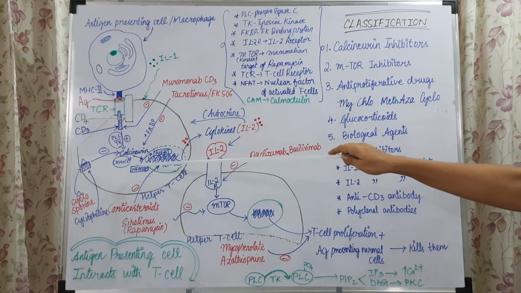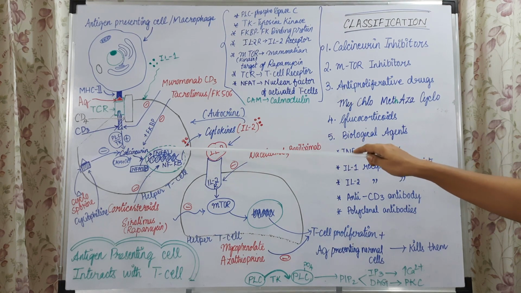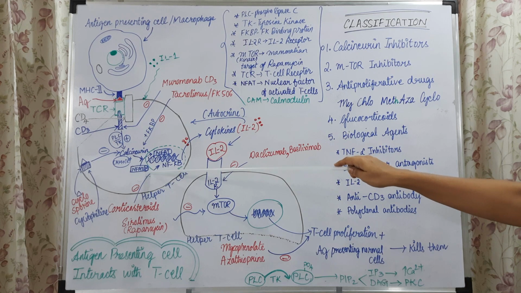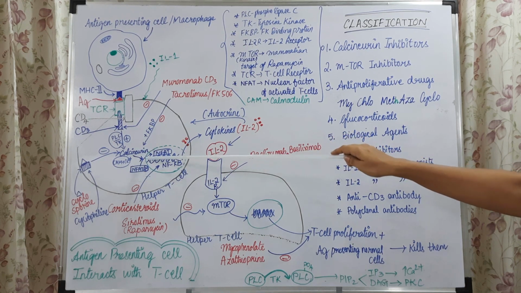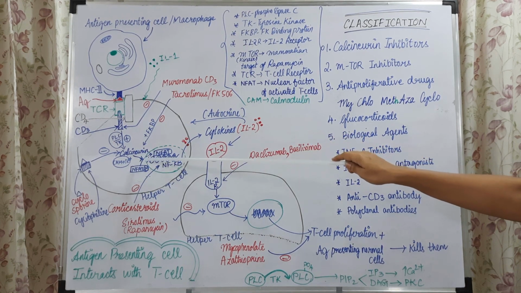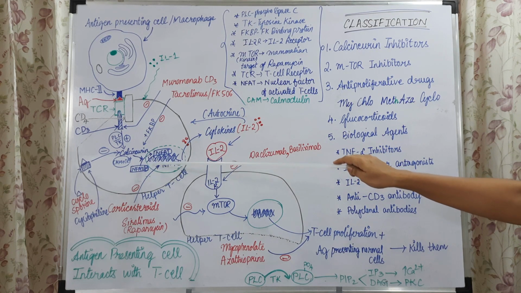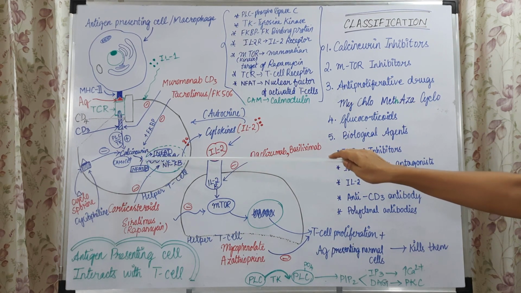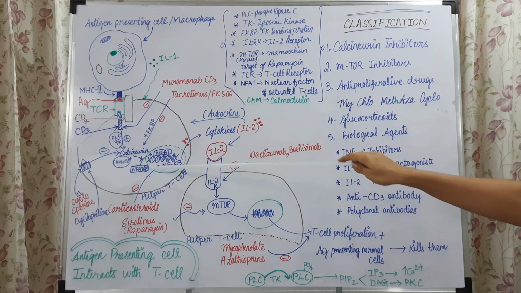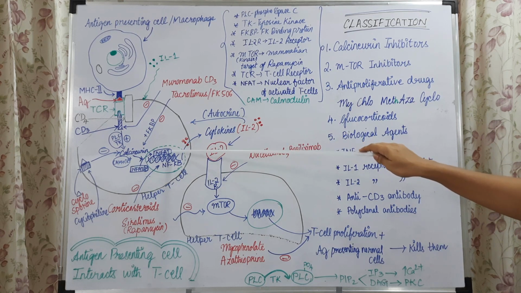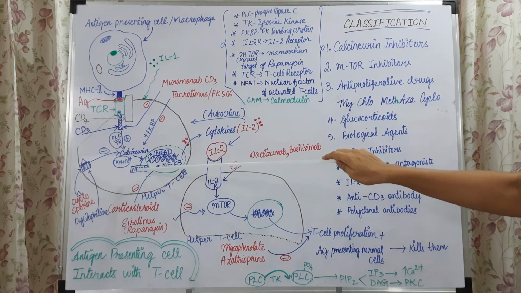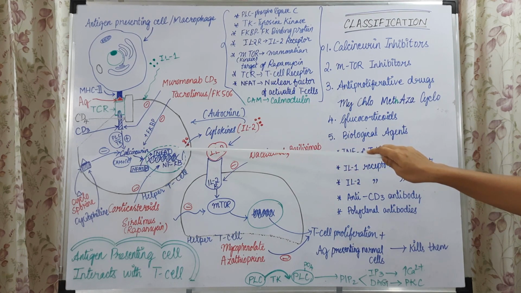The NFAT, which is phosphorylated, will be turning into NFAT without a phosphate under the influence of this calcineurin. This NFAT, which is not having the phosphate group, will be able to cross the nuclear membrane and enter into the nucleus. So there will be translocation of the non-phosphorylated NFAT into the nucleus.